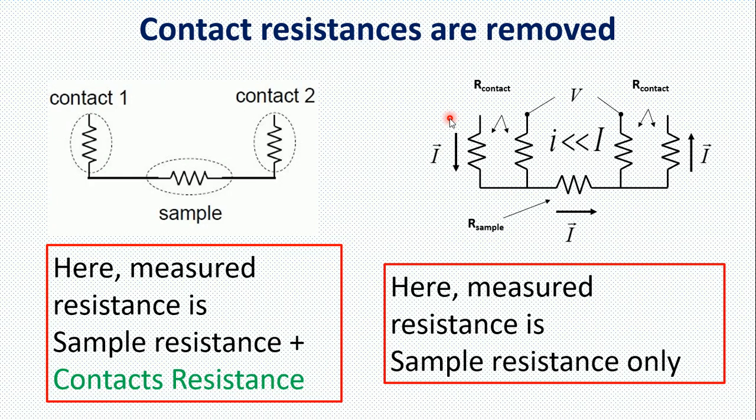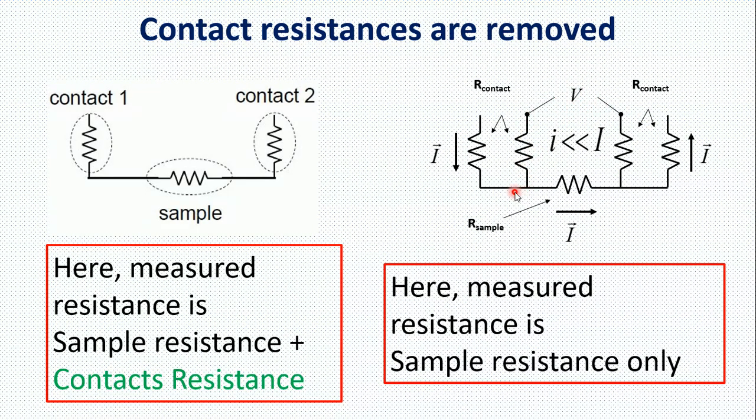Why? Because the current passes this way and completes this loop. This current cannot flow this way or this way, because here a voltmeter is connected to measure the voltage, and we know the resistance of this voltmeter is very high.